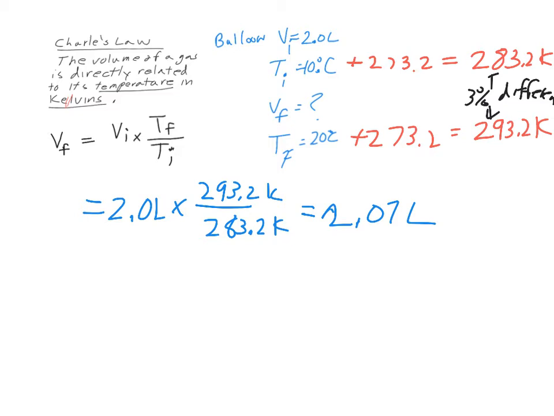So instead of seeing a dramatic doubling of our volume like we might think if we were looking at our Celsius scale, because that Celsius scale is deceptive with 0 in the wrong place, we're not seeing a doubling of our balloon. We're not seeing a doubling of our temperature. We're really only seeing about a 3% change.